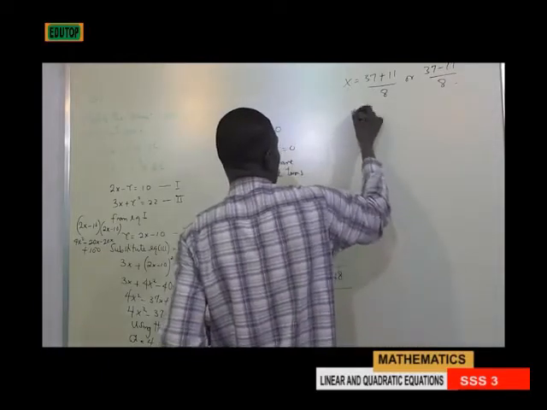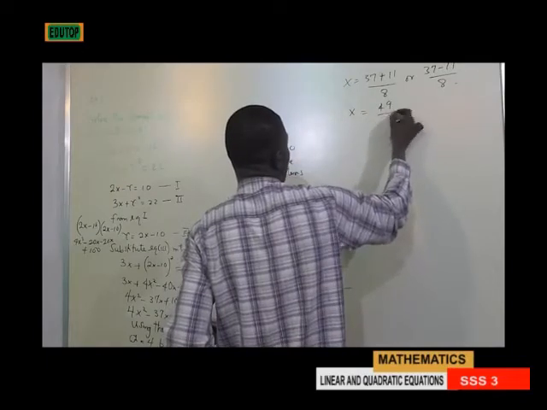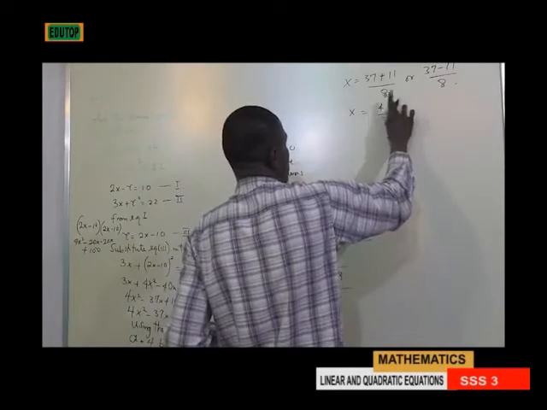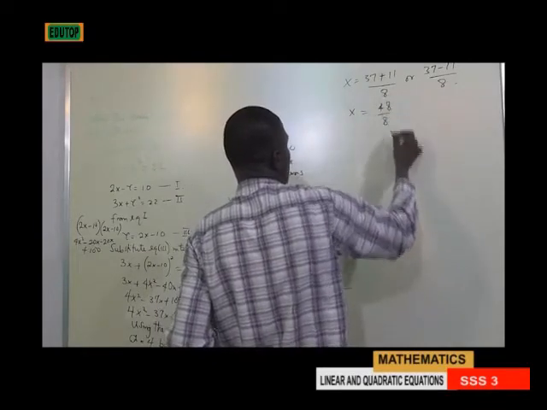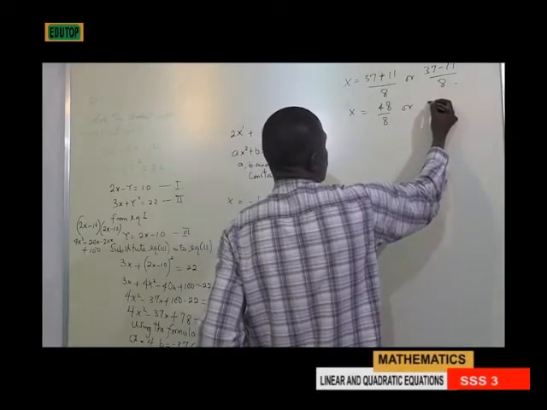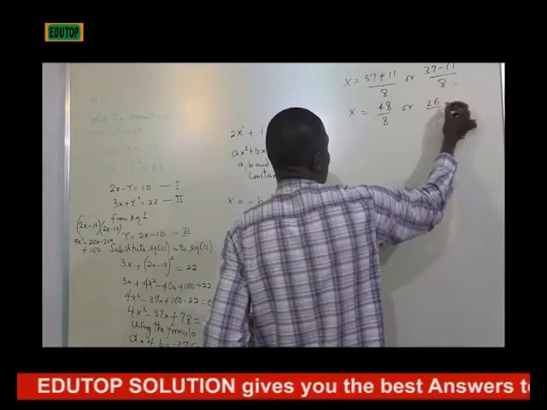So 37 plus 11 will be 48 over 8. Or this one will be 26 over 8.